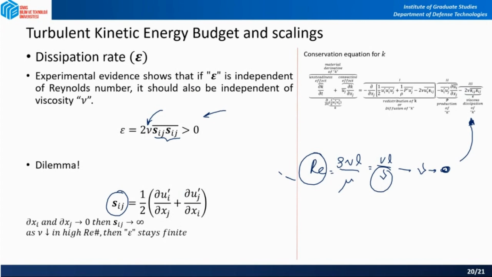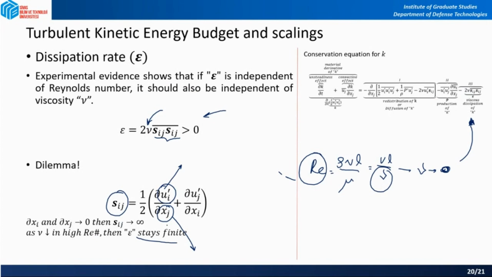If you look at this, either the fluctuations should go to higher values, or these gradients or the length scale should go to very small values. So delta xi and delta xj, or dxi dxj, should go to 0, and then if they go to 0, Sij will go to infinity. And as nu is decreasing at high Reynolds number, epsilon can stay finite.